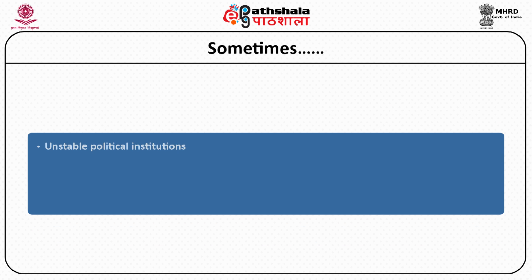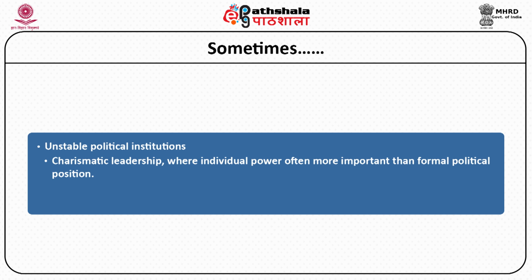Now, sometimes there can be instability in the political institutions. The reasons can be many. One of the most important causes which we see around us in many countries is when a charismatic leader emerges over a period of time, or it can be an abrupt rise also.